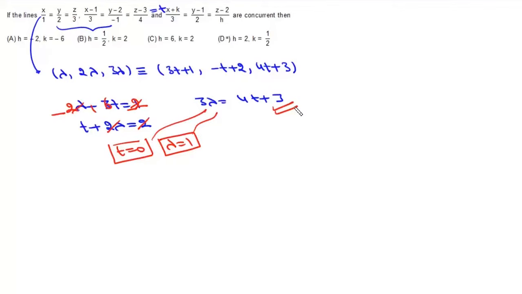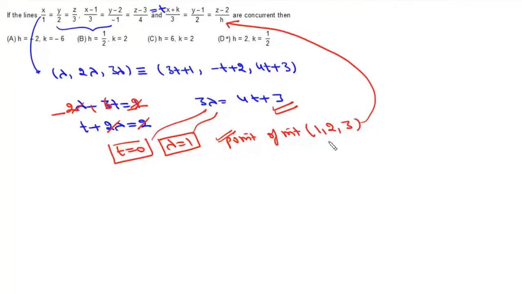So that means these two lines will intersect, when the value of lambda is 1 or when the value of t is 0. So their point of intersection will be 1, 2 and 3. Now once we have this point of intersection, these three lines will be concurrent if this third line also passes through this same point. So we'll put x as 1, y as 2 and z as 3.